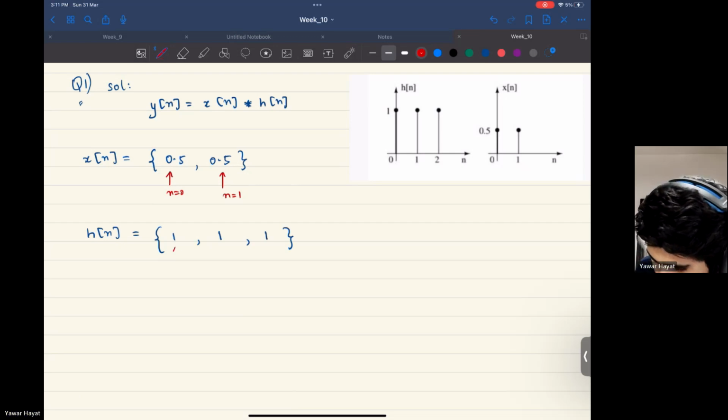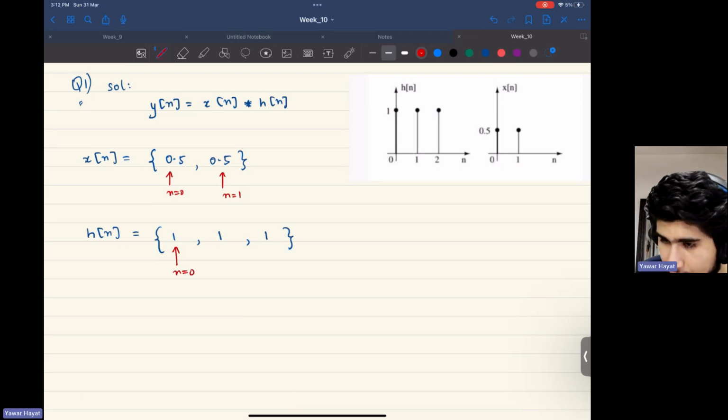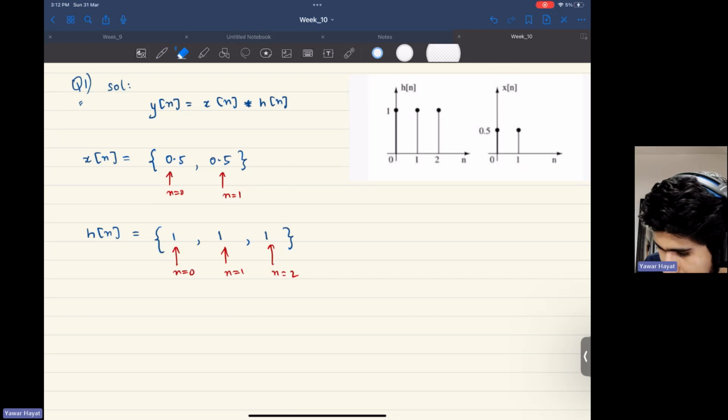This is the sample point for n equals 0, and likewise this is for n equals 1 and n equals 2.